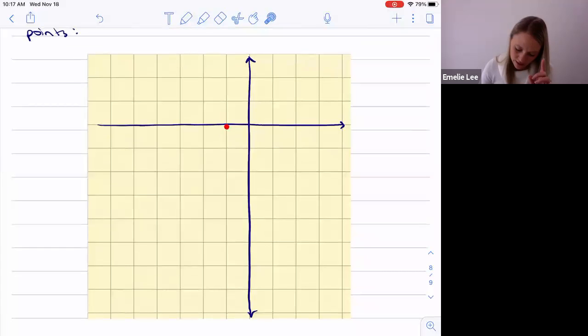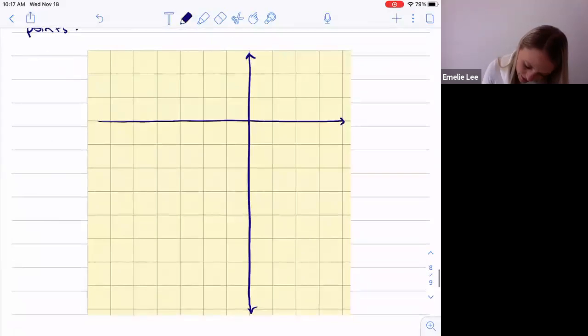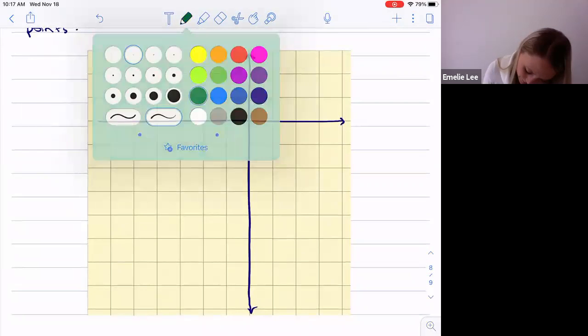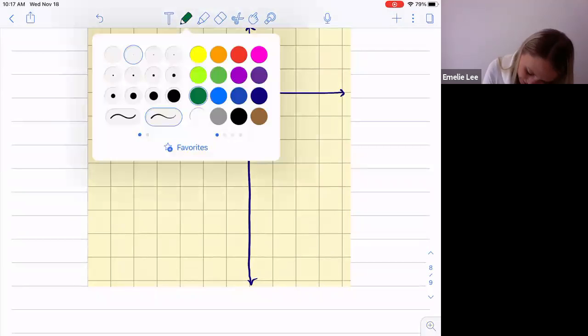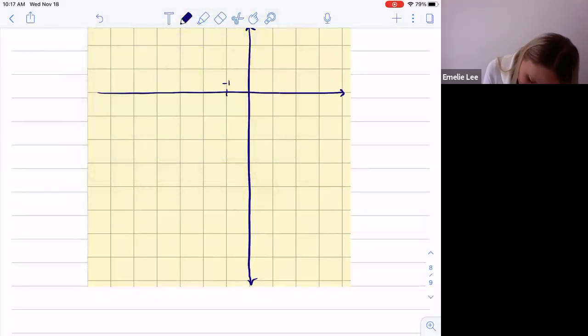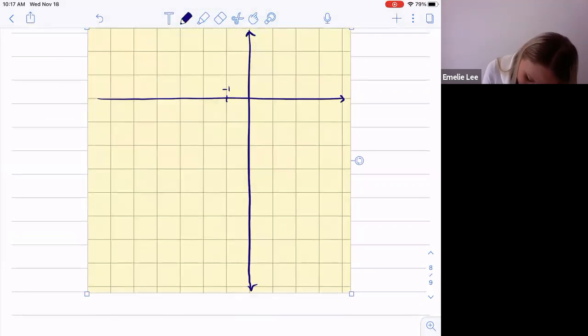So if I let this be -1, 1, 2, 3, 4, 5, 6, 7, looks like I have enough room. So that's good. Actually, let's label some of these just so we have an idea of the scale.